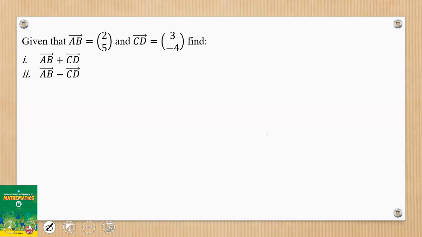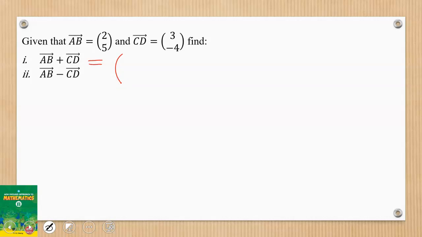Good. Now let's see an example. Let's say I'm given vector AB as (2, 5) and vector CD as (3, -4). I want to find vector AB plus CD. In a simple way, there's no need for me to draw the graph to find it using the diagrammatical means. I can just do algebraic means by adding the x components and the y components.